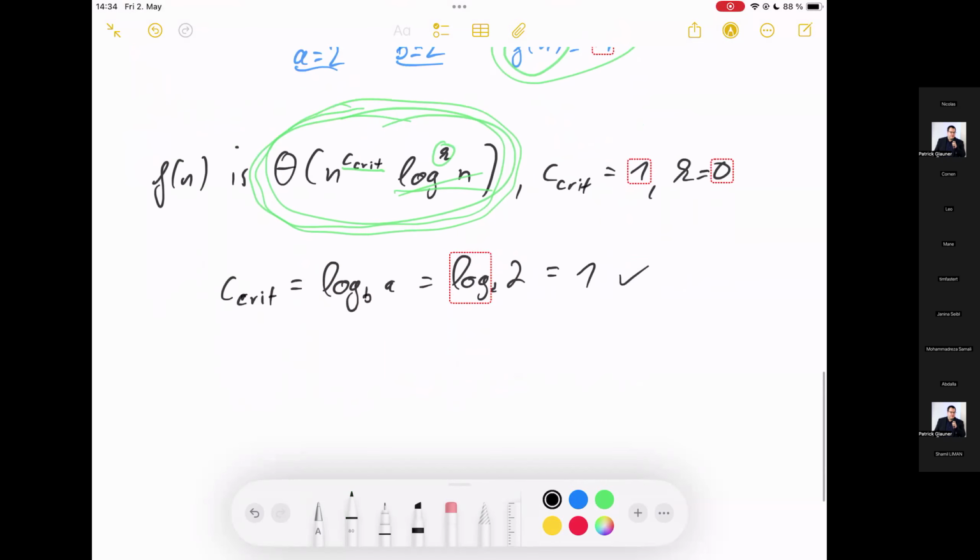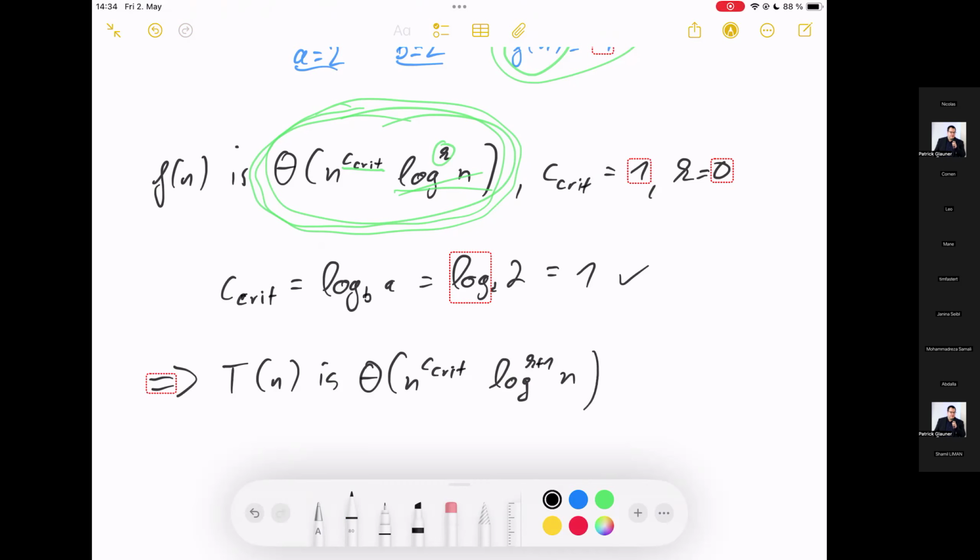So it follows from the master theorem, as we defined it in case 2, T of n is theta of n to the power of c critical times the logarithm of n raised to the power of k plus 1. This is what we saw in the definition before. And now we can just plug in our values for k and the critical exponent.